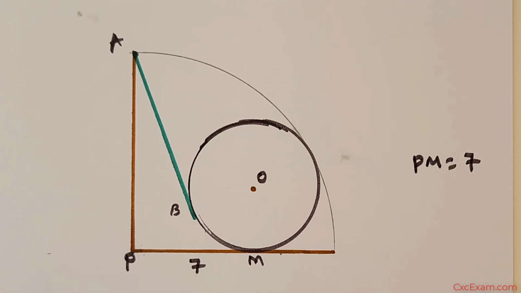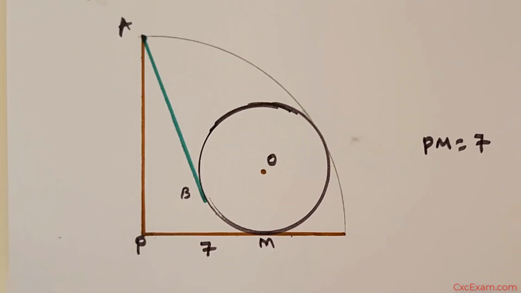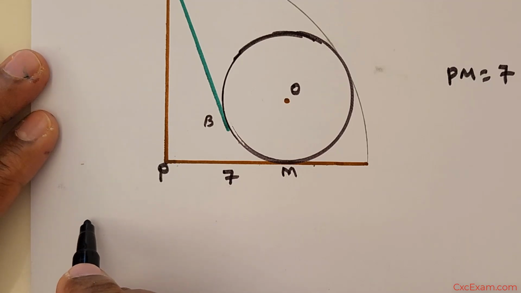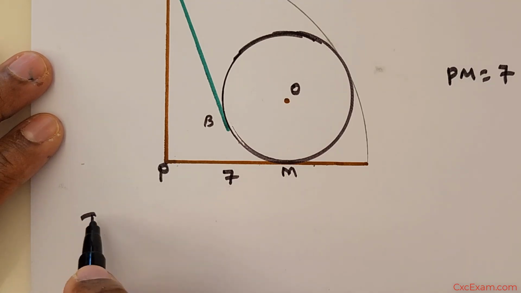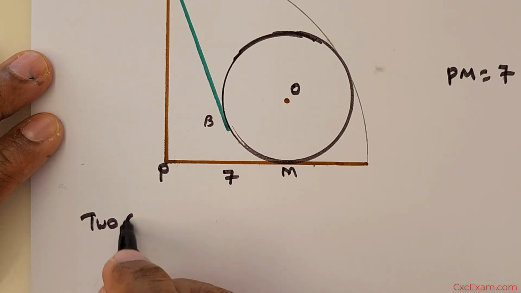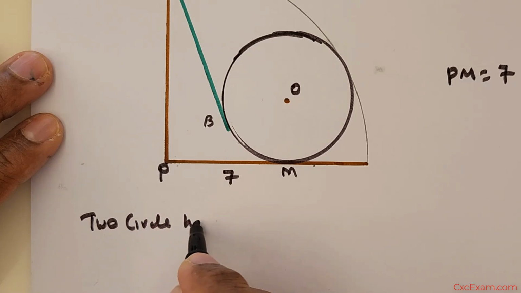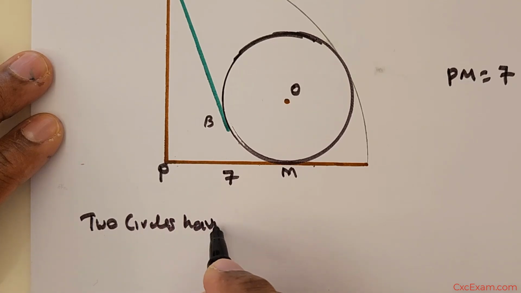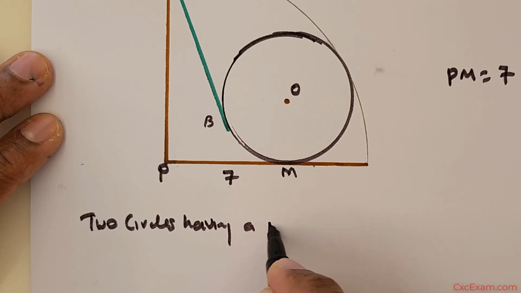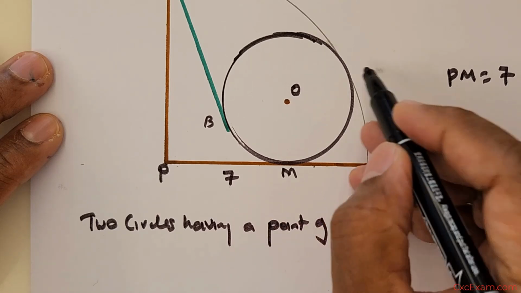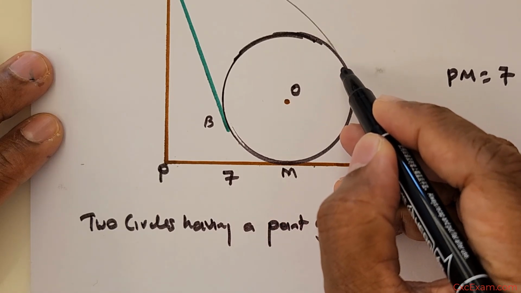So foremost, let me write this. This is the geometrical property of two circles having a point of tangency. Okay, there's a point of tangency here.